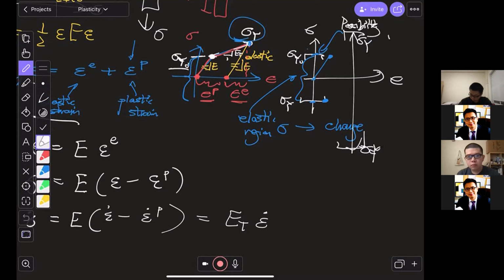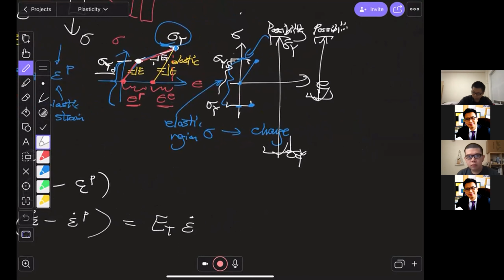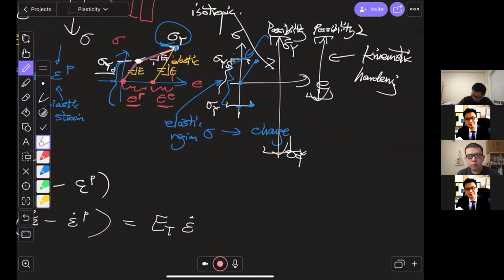Or I can keep the size of the elastic region and just move it here. So this is a possibility too. This is called kinematic hardening, and the first one is called isotropic hardening.